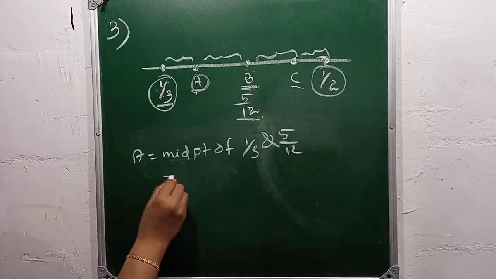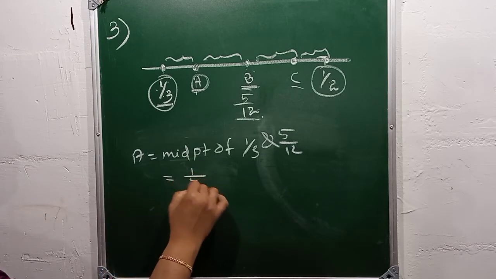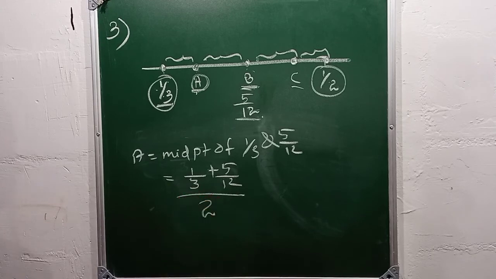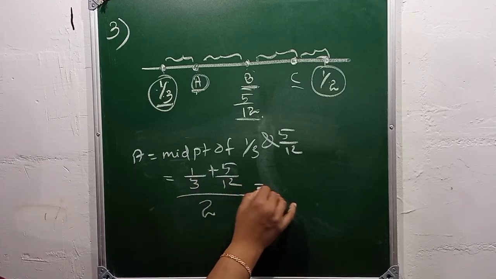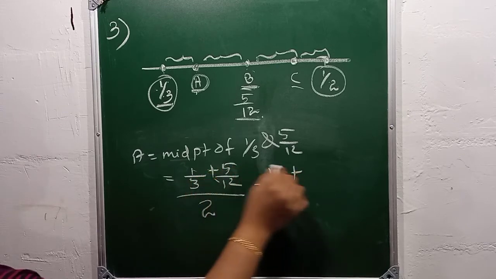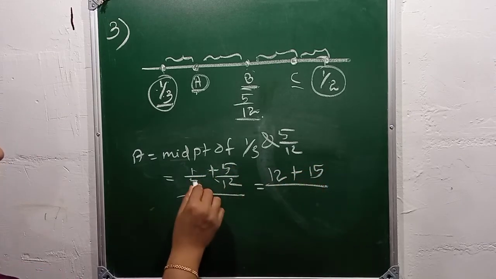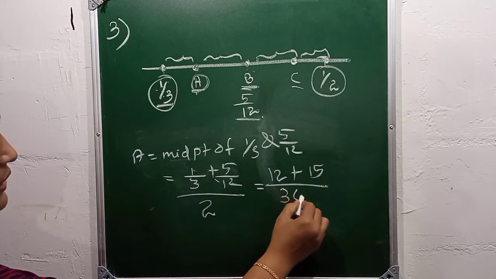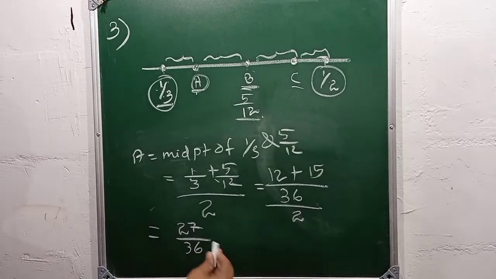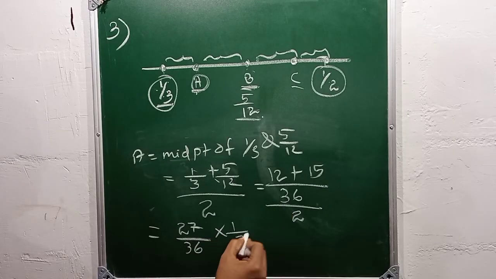That is equal to 1 by 3 plus 5 by 12, by 2. Using cross multiplication itself, that is 1 into 12 is 12 plus 3 into 5 is 15, by 3 into 12 is 36, by 2. That is 12 plus 15 is 27 by 36, and dividing by a number means multiplying with its reciprocal.